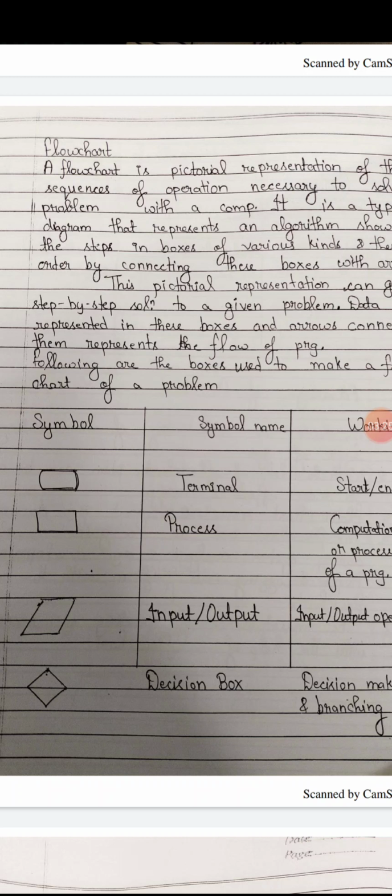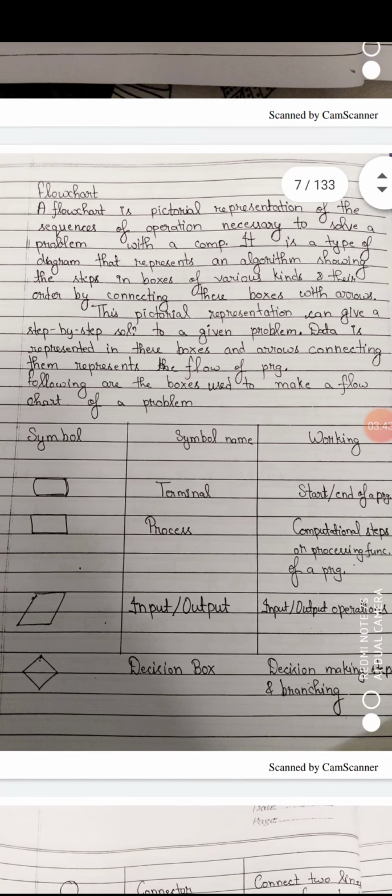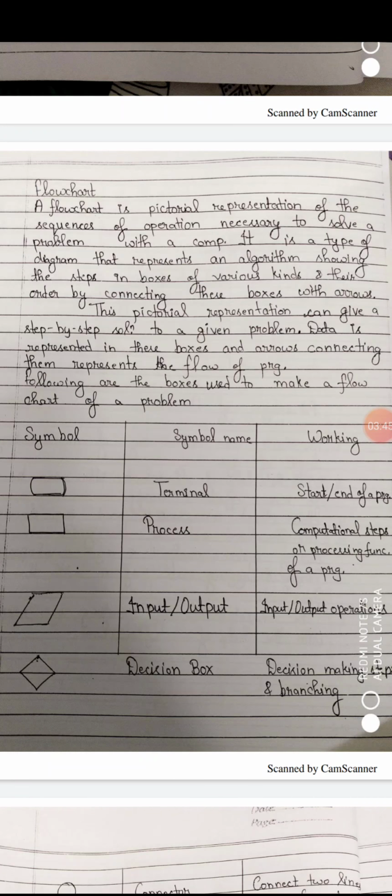the terminal box, which will represent the start and end of our program, of our solution, of our flow chart. From where we are starting and at what point we are ending our solution will be represented with the help of this terminal box.